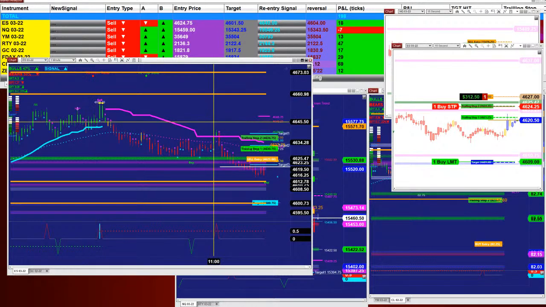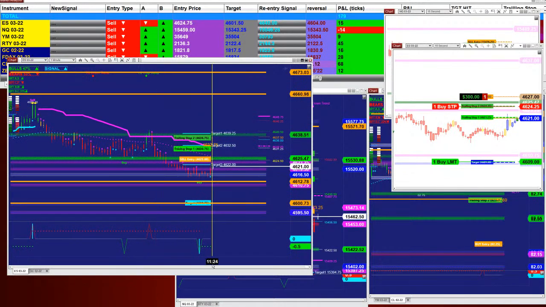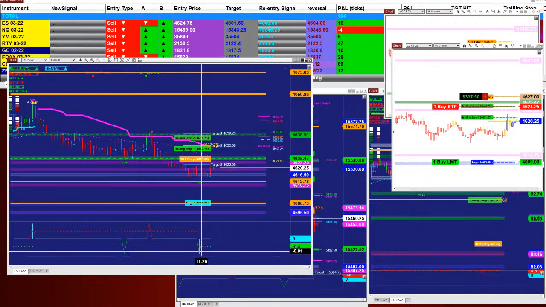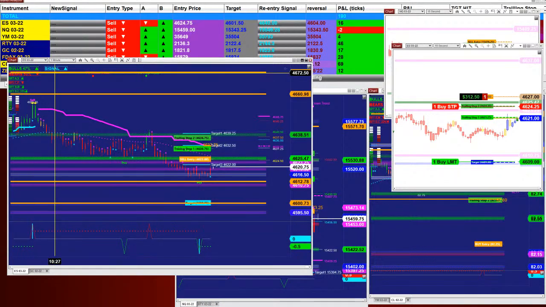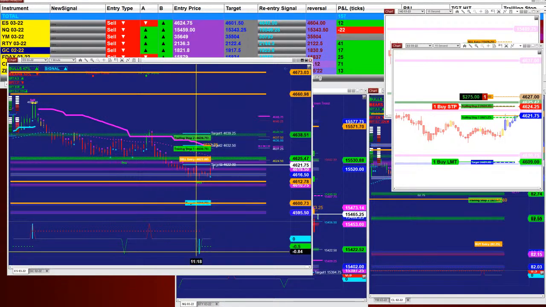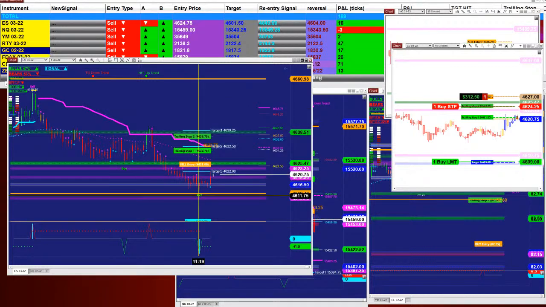Again, if we look right now at the ES, the signal has appeared again right there. Here is the short trade signal. Here is the long trade signal in conjunction with a buy signal.